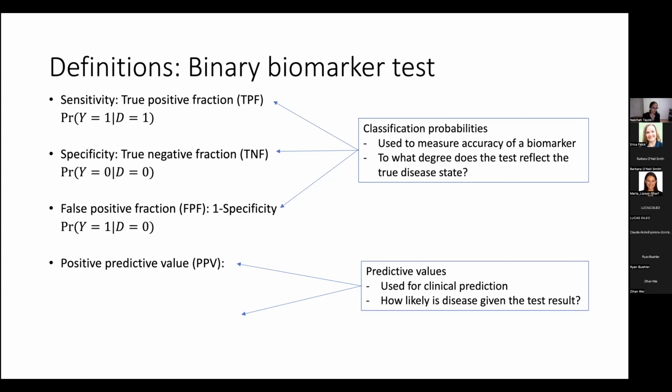So positive predictive value is, if my test is positive, what's the probability that I have the disease? So I have a positive test, what's the probability that I actually have the disease? Negative predictive value, if my test is negative, what is the probability that I don't have the disease? Depending on the context, we might want to think about the positive predictive value or the negative predictive value.